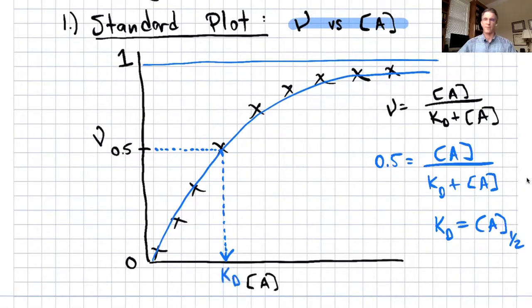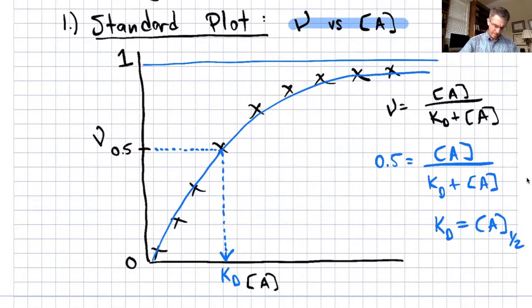So by looking at the half saturation point, you can get, just off a graph, a reasonable estimate of the dissociation constant in the ballpark. It's not the most quantitative way to go about getting your KD, but at least you can estimate it that way.